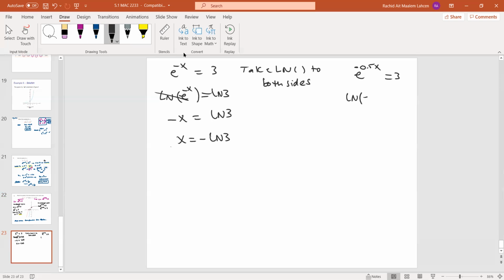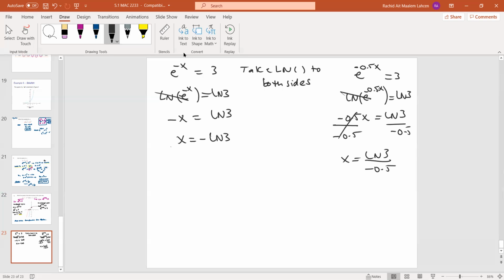Then we do the same. That's going to give us, this will cancel, negative 0.5x equals ln 3. Then you're going to divide by this, and you get ln 3 over negative 0.5.